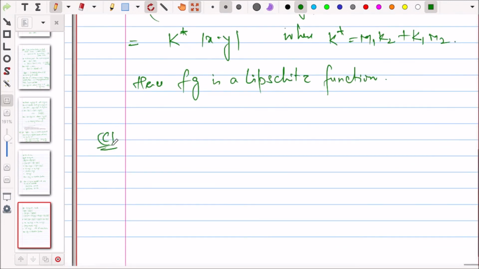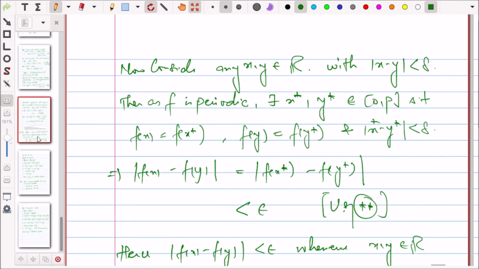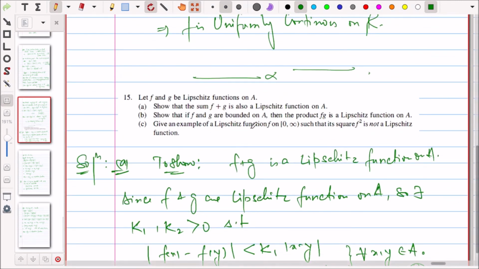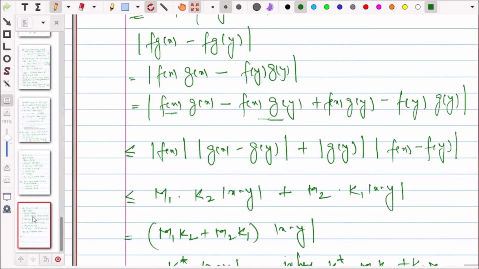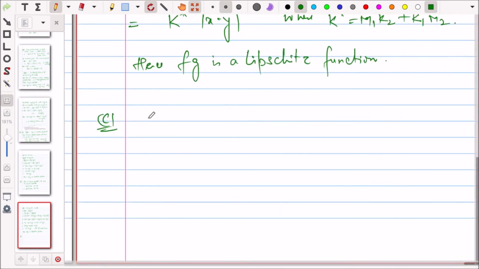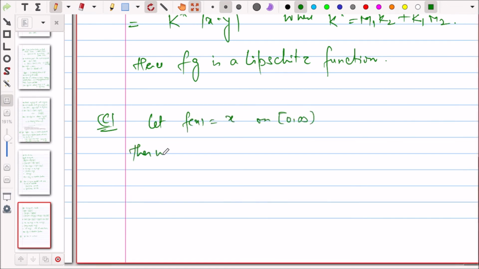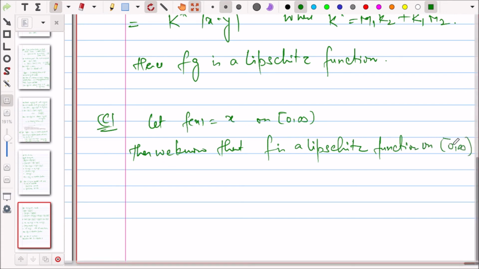Now part C, we have to give an example of a Lipschitz function on 0 to infinity such that its square is not a Lipschitz function. You can take one of the easiest examples: let f(x) equal x on 0 to infinity. Then we know that f is a Lipschitz function on 0 to infinity. It is easy to see; we have already done this.